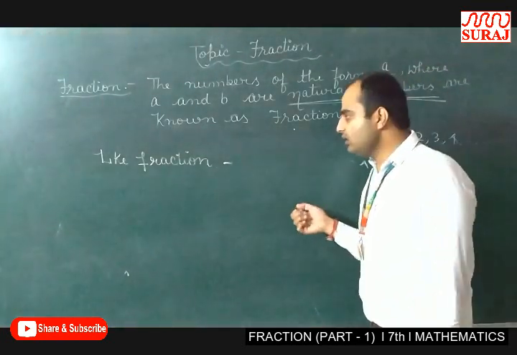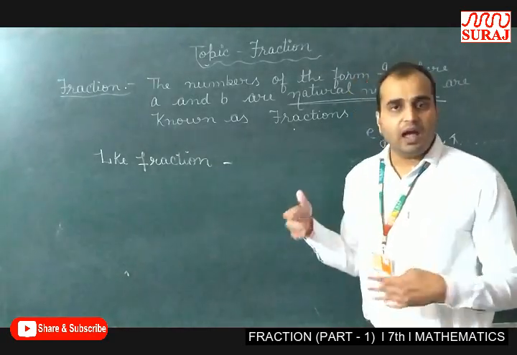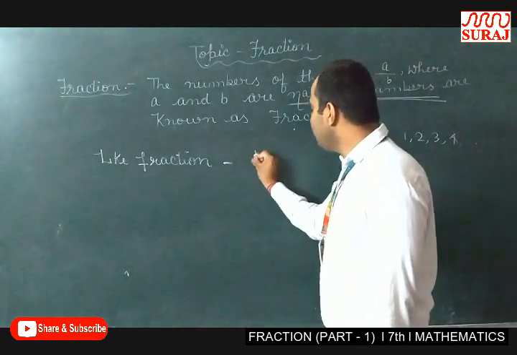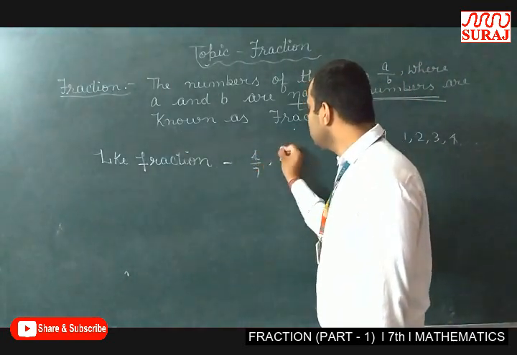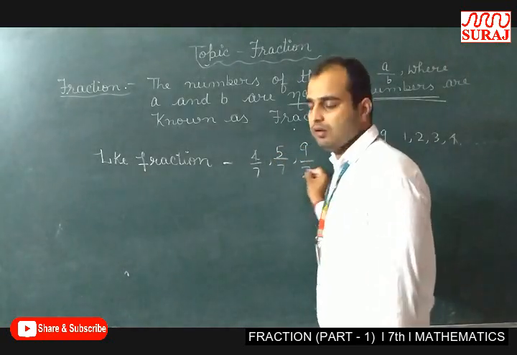An easy way I can say that a fraction in which denominators are same is called like fraction. Examples are 4 upon 7, 5 upon 7, 9 upon 7.